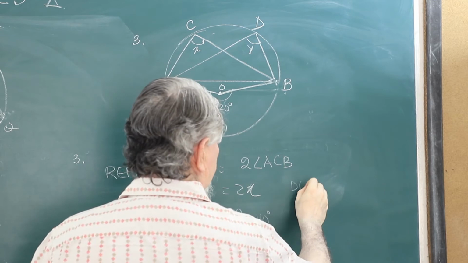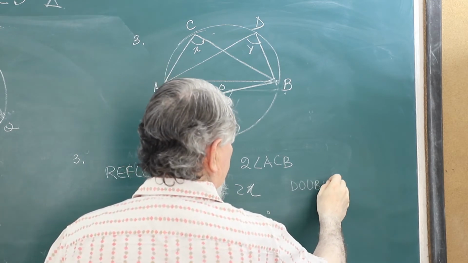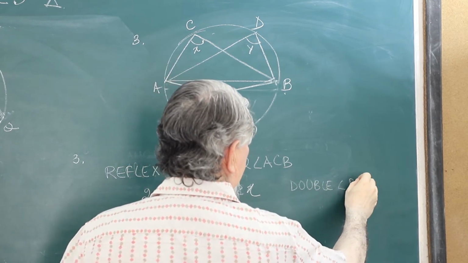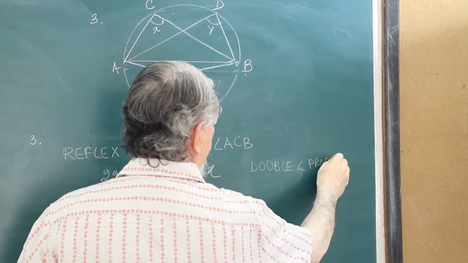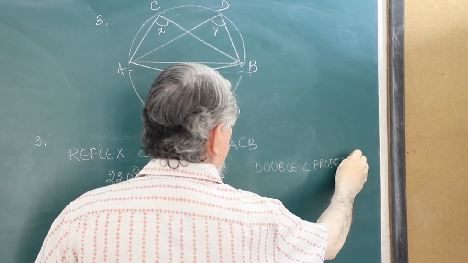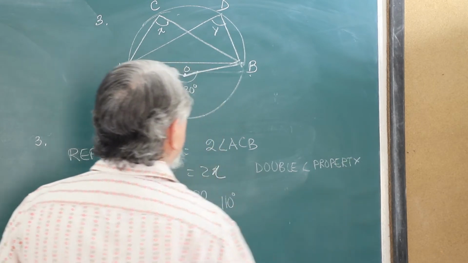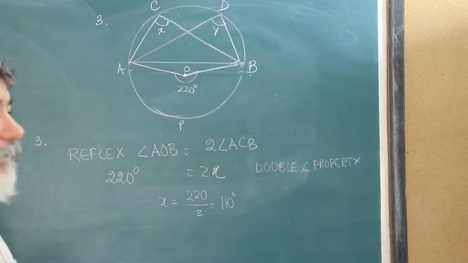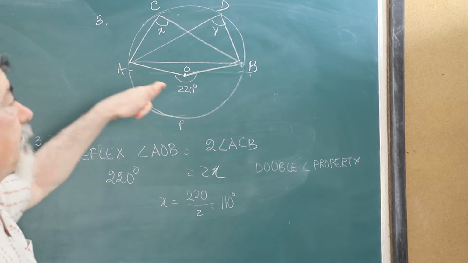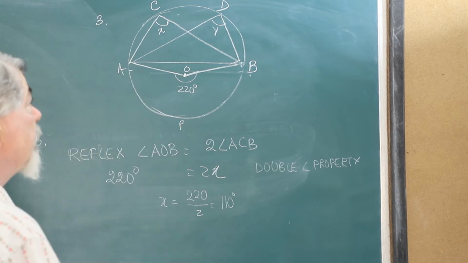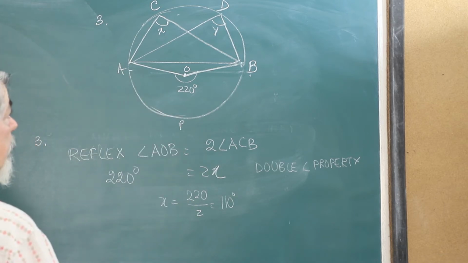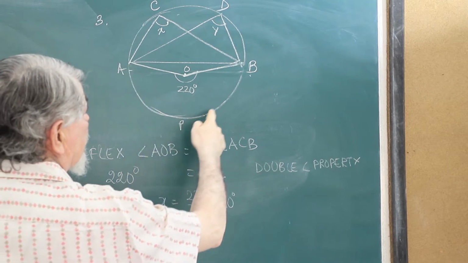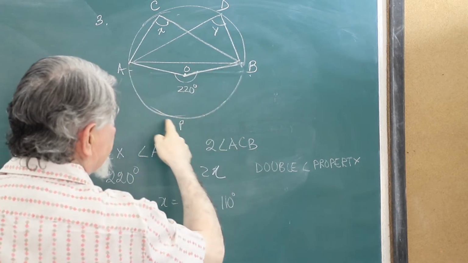It is again the double angle property. Angle subtended at the center by an arc is double the angle which it subtends at the remaining part of the circumference. This is the major arc.